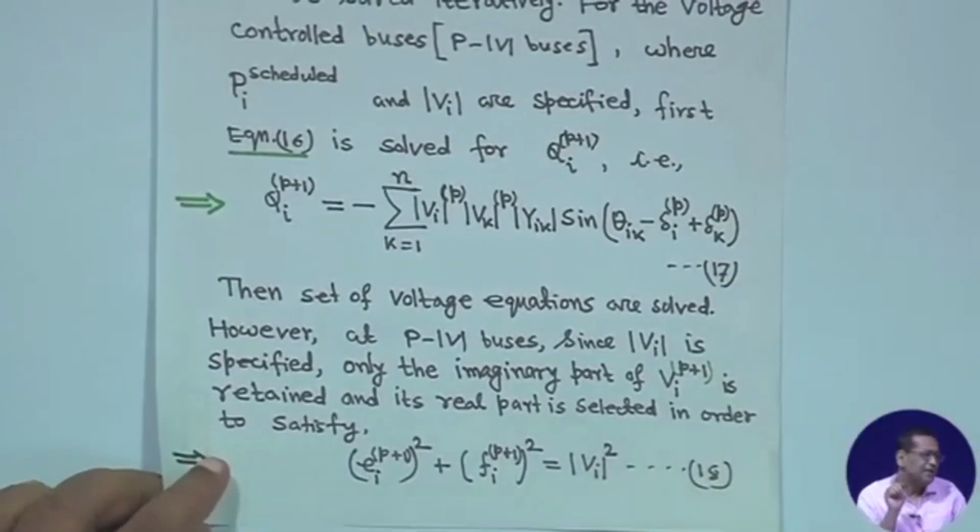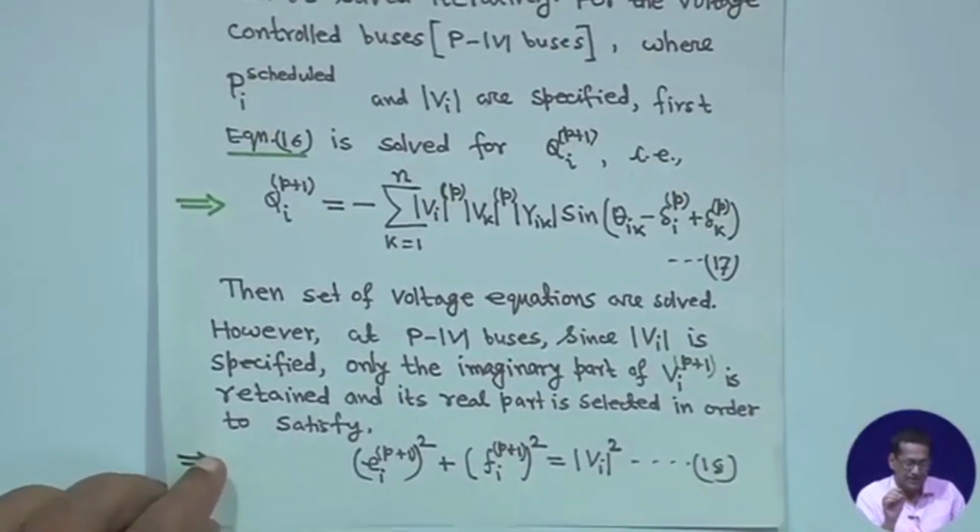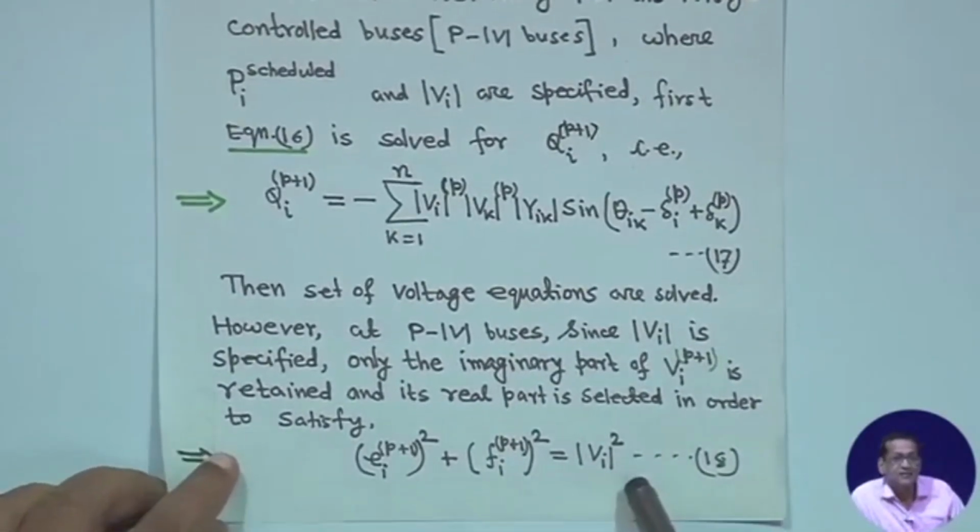Suppose the ith bus is a PV bus. My objective is to make the voltage magnitude remain constant.